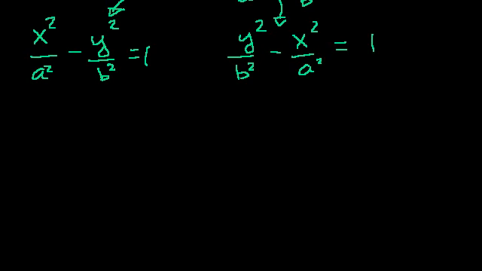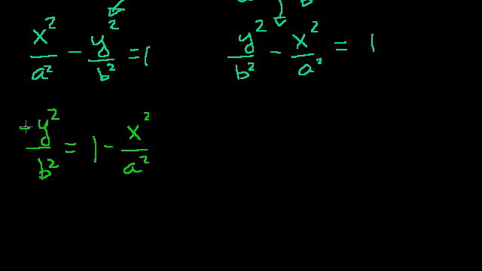So these are both hyperbolas. And what I like to do whenever I have a hyperbola is solve for y. So in this case, if I subtract x squared over a squared from both sides, I get minus y squared over b squared, that stays there, is equal to 1 minus x squared over a squared.